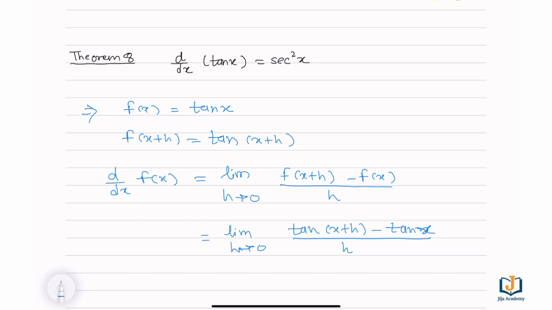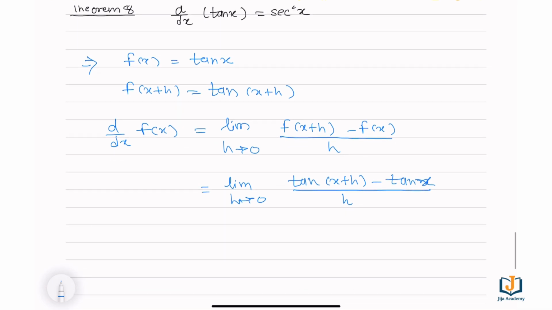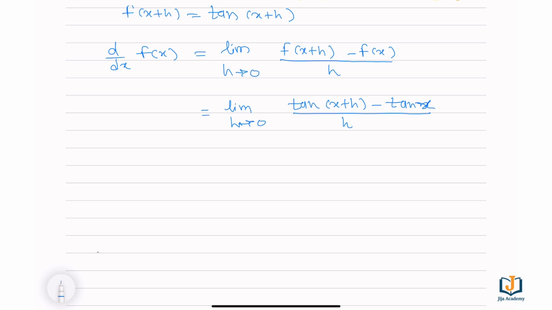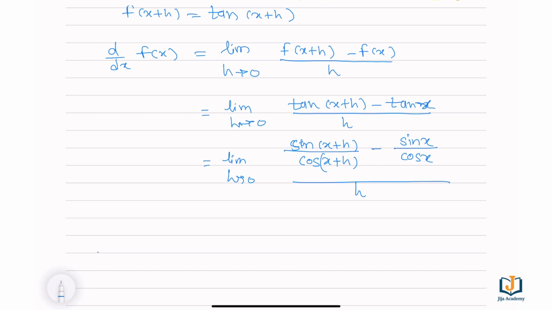Now here we can write tan (x plus h) is equal to sin (x plus h) divided by cos (x plus h), minus tan x is equal to sin x upon cos x, divided by h, is equal to limit h tends to 0.